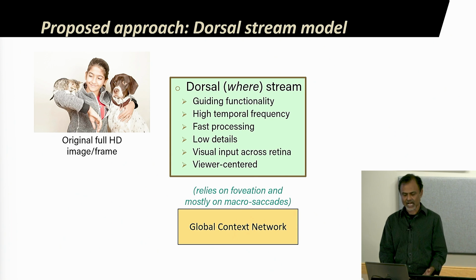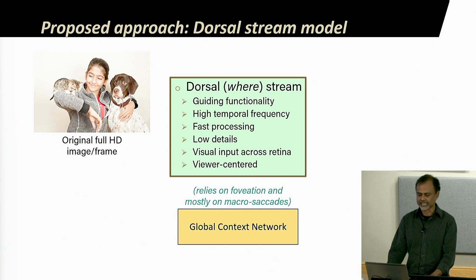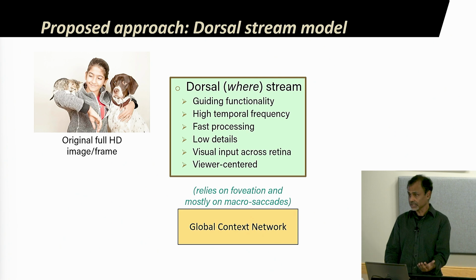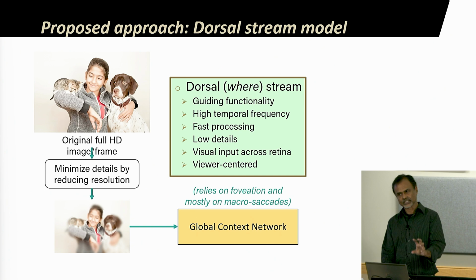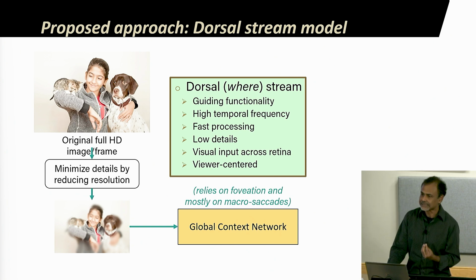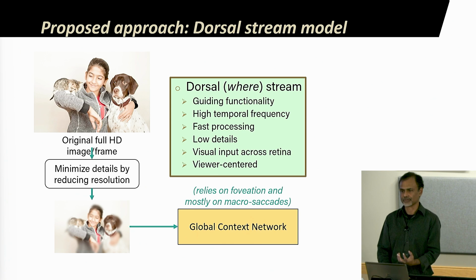So to that effect, one has to first think about the where stream, the dorsal stream. In this particular case, as you can see, there are 3 objects of interest: the cat, the human, and the dog. Now, there are different ways of doing that. In this particular case, we have a global context network, which basically figures out the objects of interest.